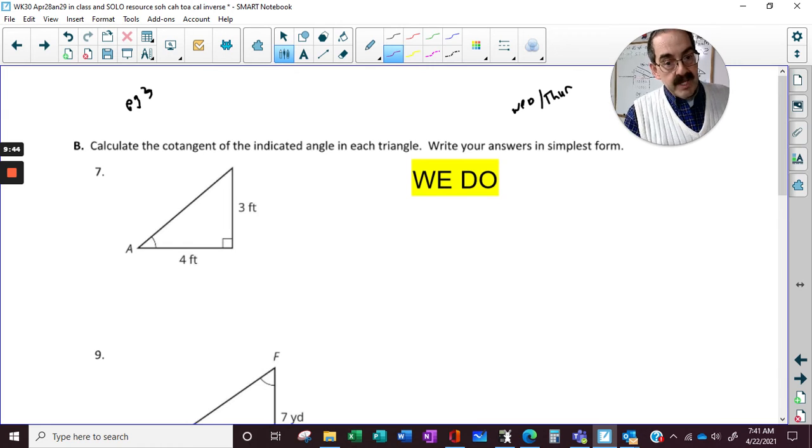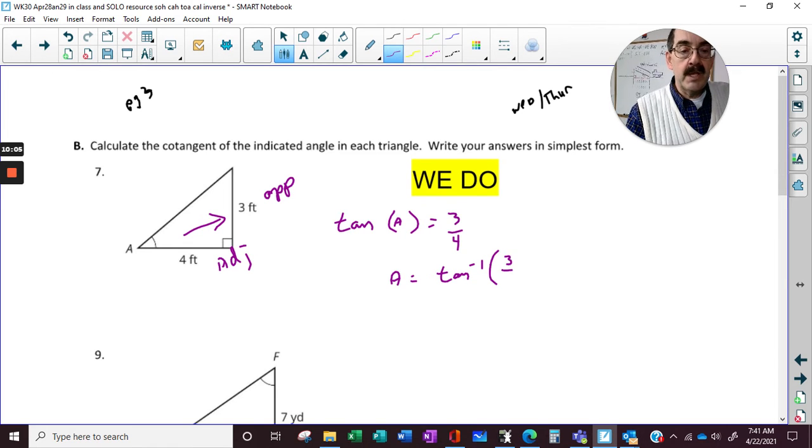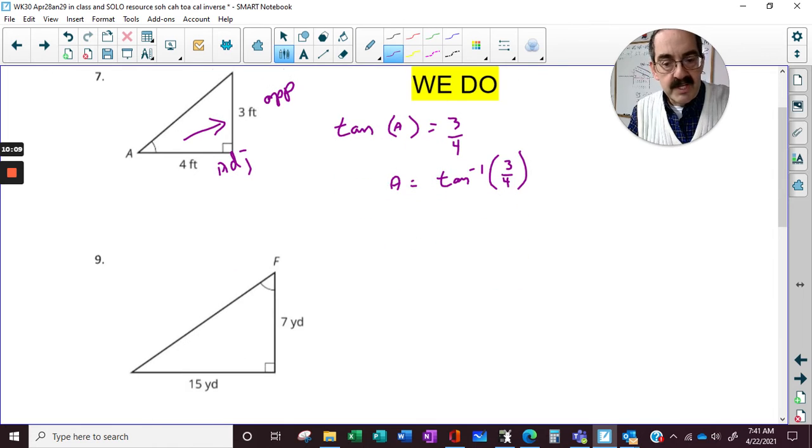All right, do it again. Okay, everybody. Tangent of A is equal to the OPP over the ADJ, 3 over 4. A is the arctangent of 3/4. Do the math. Pause the video if you need to.